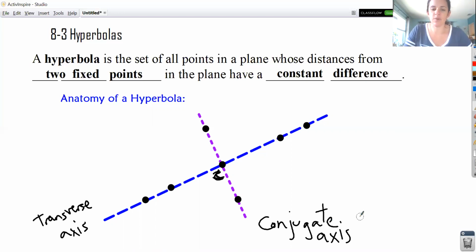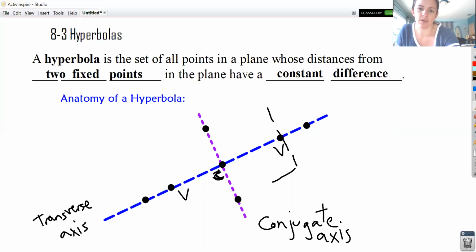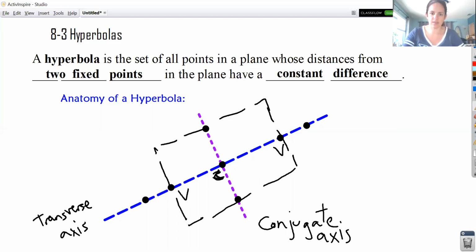And another one of the differences between the hyperbola and the ellipse is that for a hyperbola, we're going to take the vertices and the minor axis or conjugate axis endpoints. The way that we're going to construct this hyperbola is that we're going to draw a rectangle formed by the vertices and the conjugate axis endpoints, which would be the a and the b, just like in ellipses.